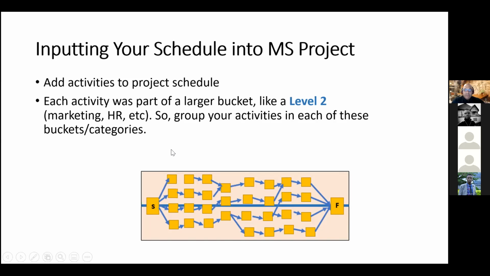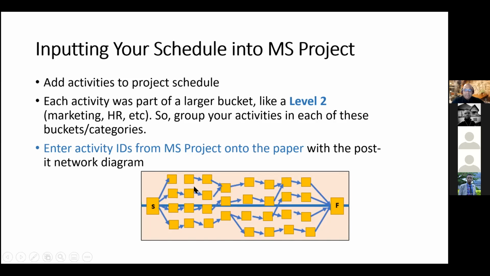So you need to group your activities in each of these categories when you enter this into Microsoft Project. So you're going to enter an activity ID from Microsoft Project for each of these activities. Take that ID number and write it on this piece of paper for each of these activities. Enter the ID number, right?